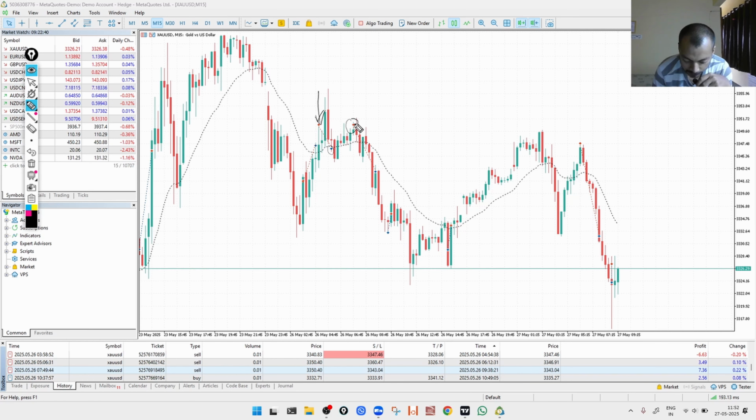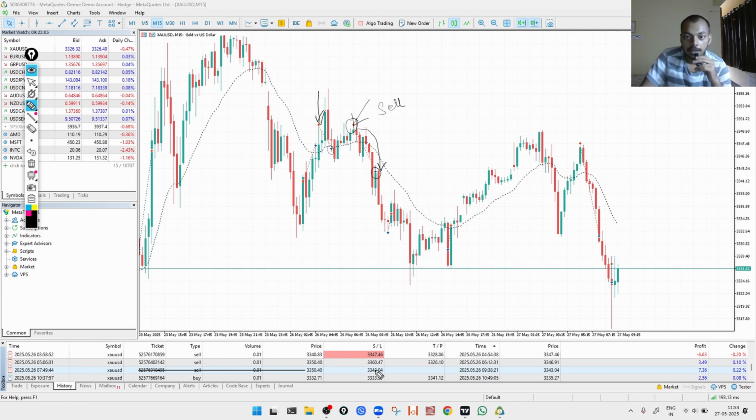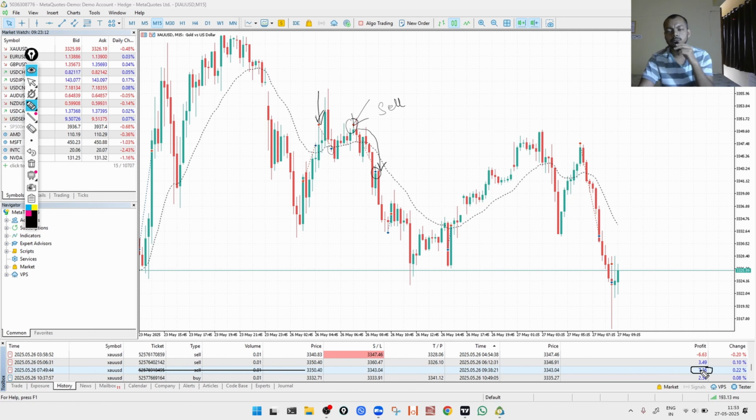However, when I found again that the price had come up to my selling level here, I again went short, sell, and when price came up to here, I guess my SL was hit. Okay, sell 3350, SL 3343. Yeah, my SL was hit, and that gave me a profit of roughly around $7.3.